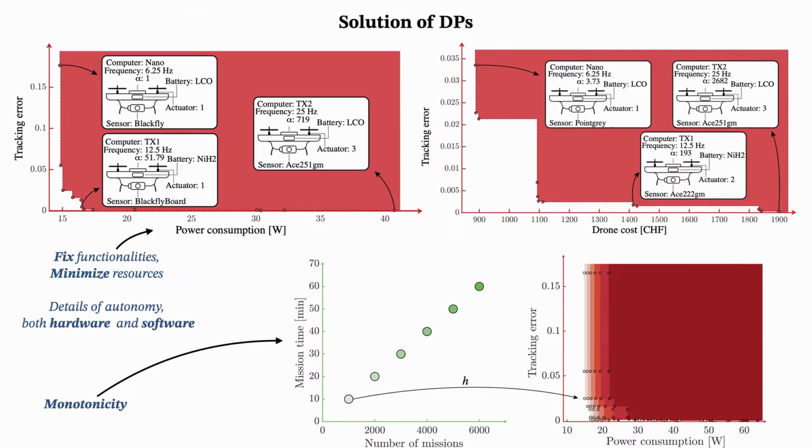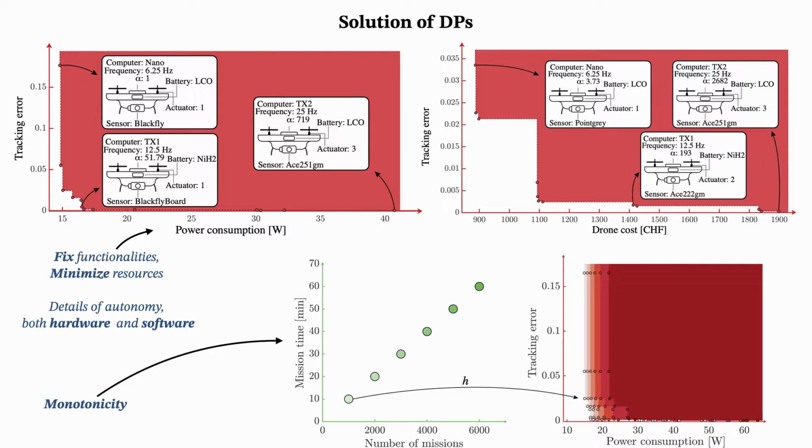We now look at the kind of solutions we can produce. By fixing some functionalities, here the number of missions and the mission time, we can produce Pareto fronts of solutions in terms of tracking error, power consumption, and costs. Given the complexity of the problem, we are not interested in providing a single optimal solution, but rather an informative antichain of optimal ones.